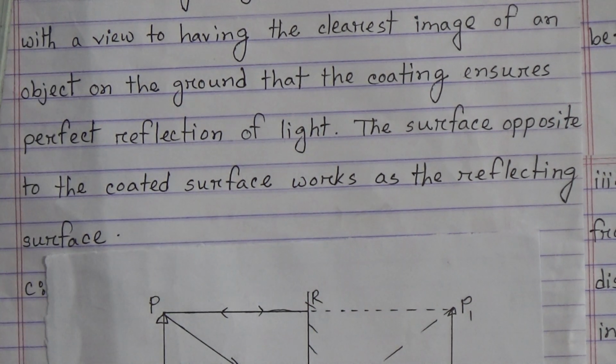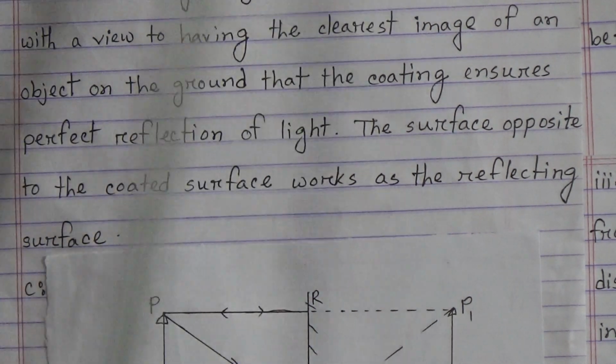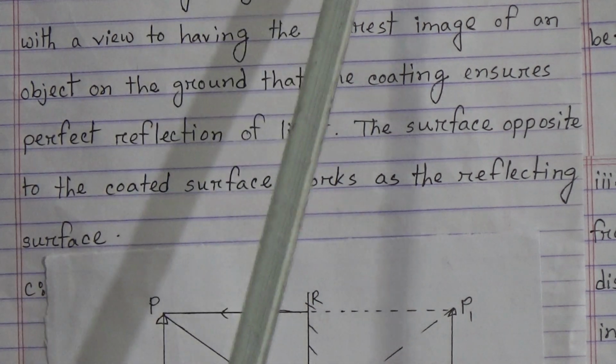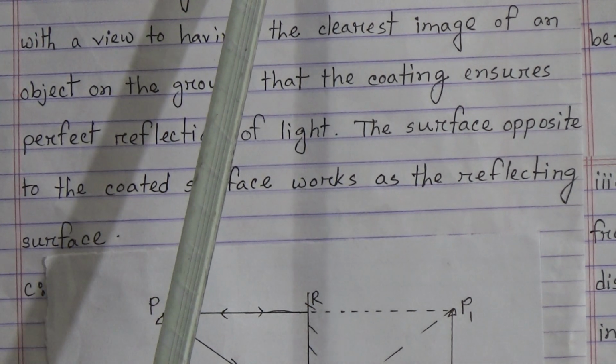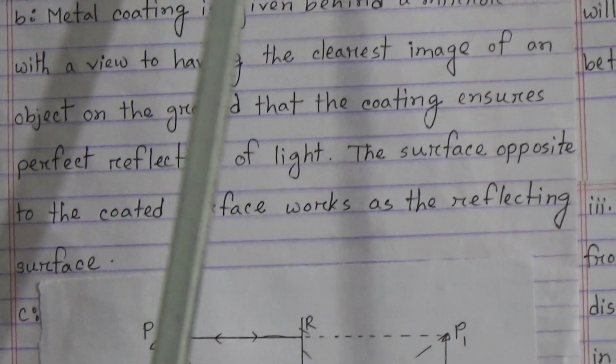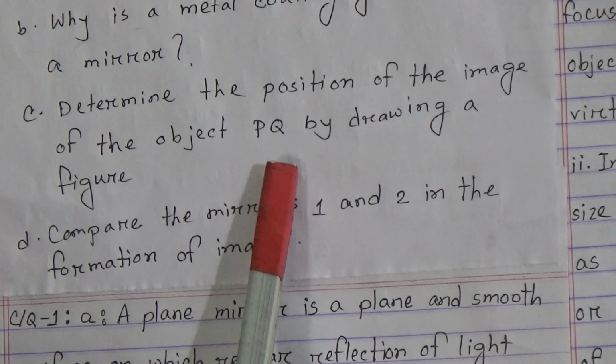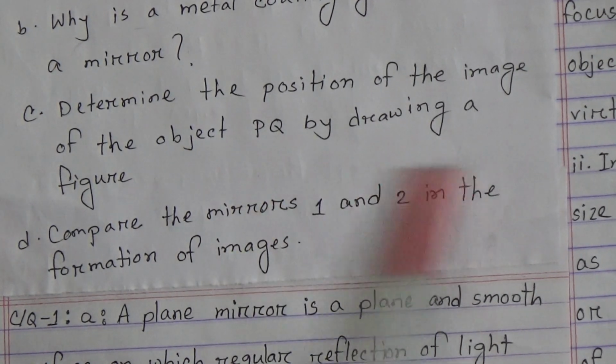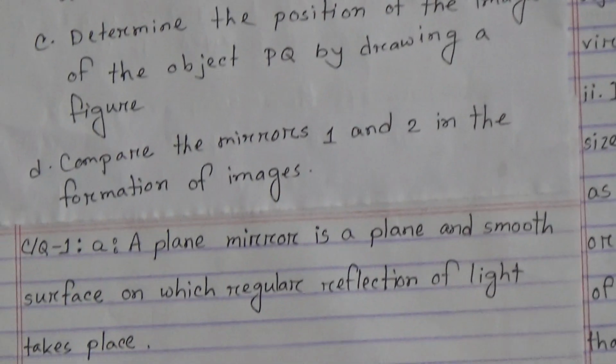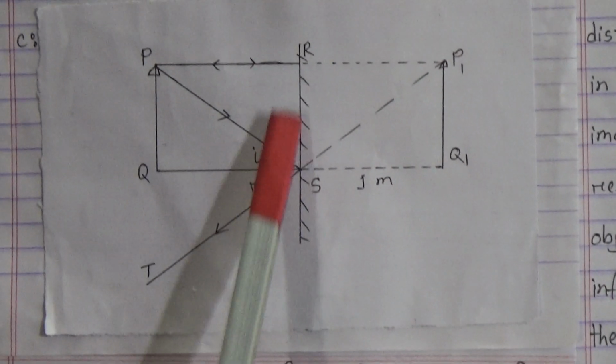Now come to question number C. Determine the position of the image of the object PQ by drawing a figure. My dear students, I am repeating. Determine the position of the image of the object PQ by drawing a figure. Now we have to draw a figure. See this figure at first.